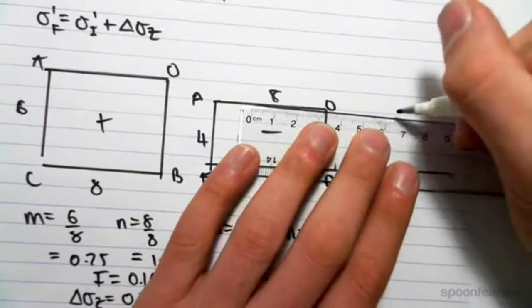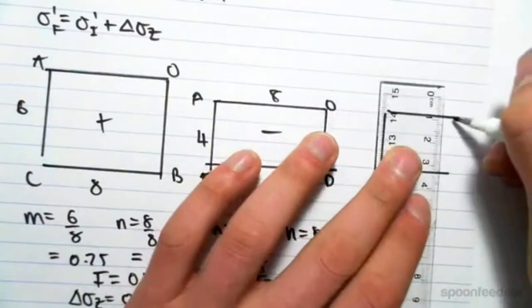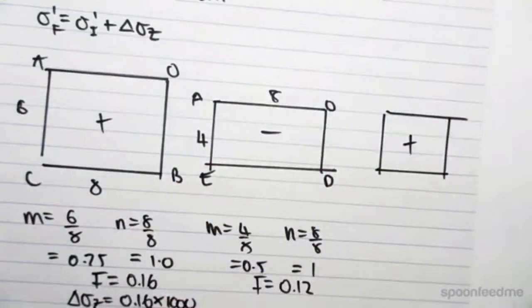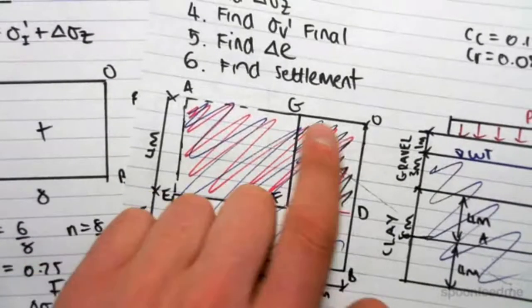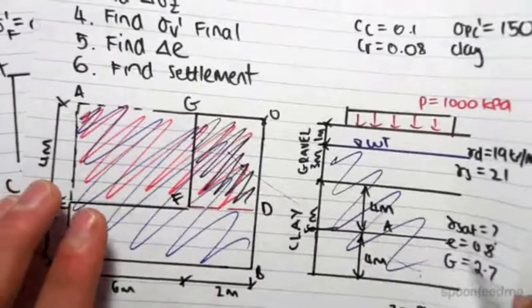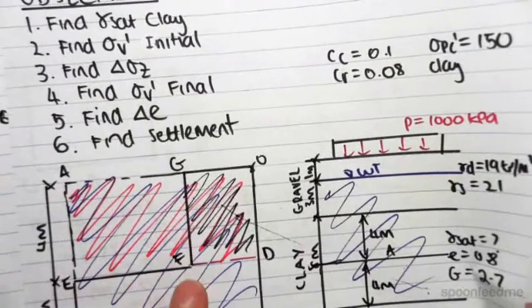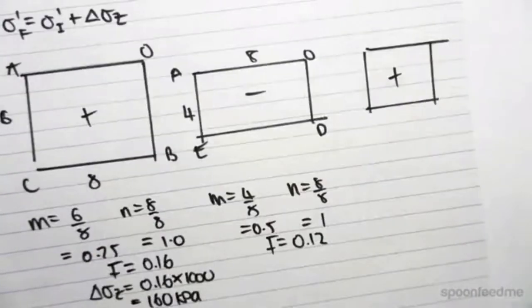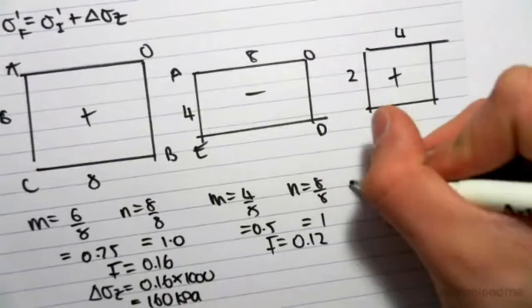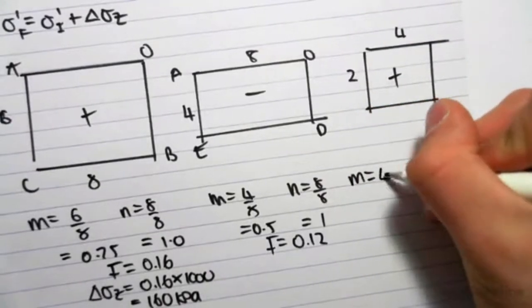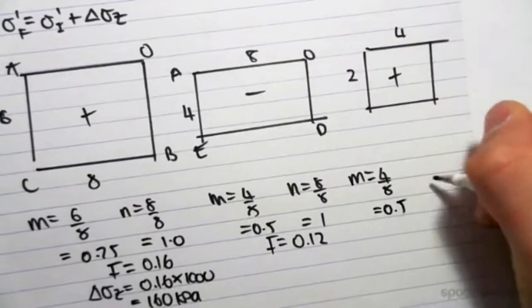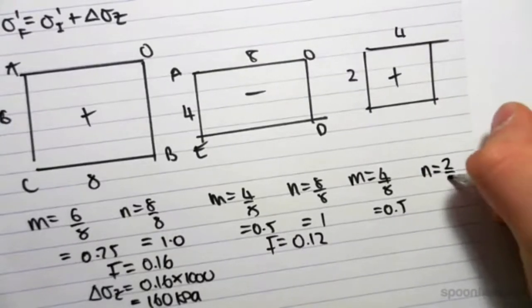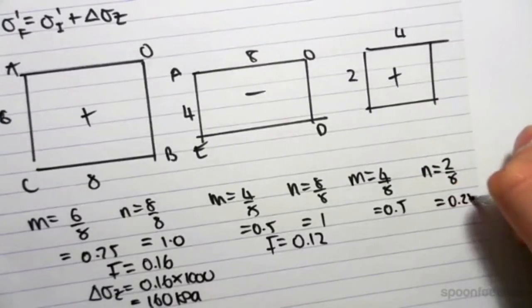We would then go to our final shape, which we're adding back on. So that is this shape here, GODF, which has dimensions 4 by 2. So M would equal 4 on 8, which equals 0.5. N would equal 2 on 8, which is 0.25.